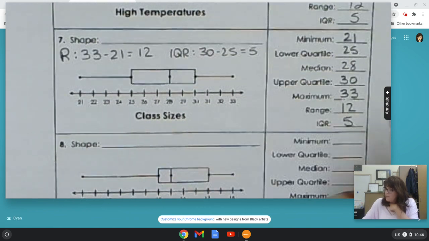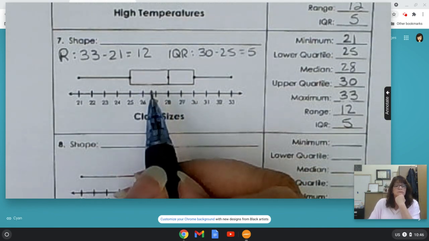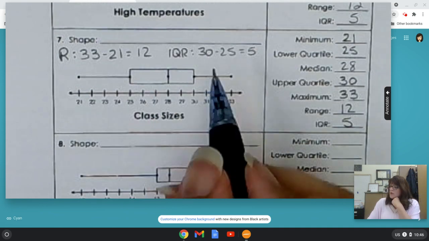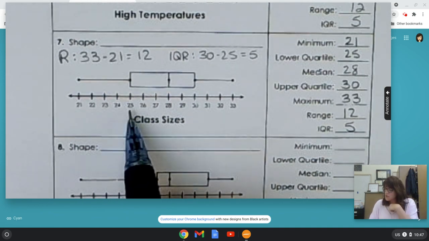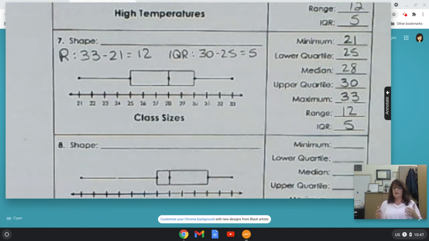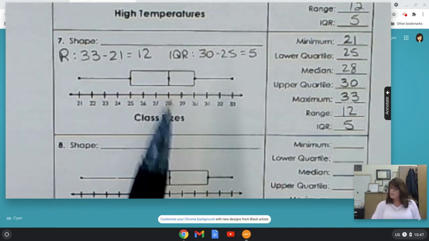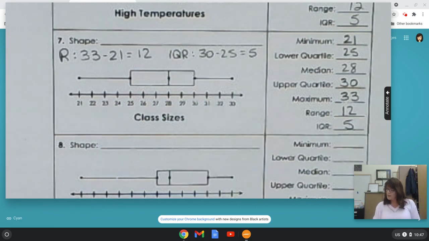So your normal class sizes only vary by 5. Okay, so for me then to say, well, most of our class sizes are between 25 and 30 students would be very fair and accurate information. That's what these are useful for.